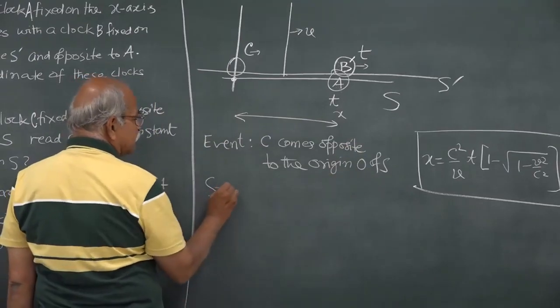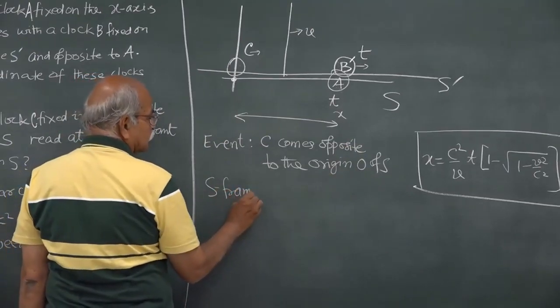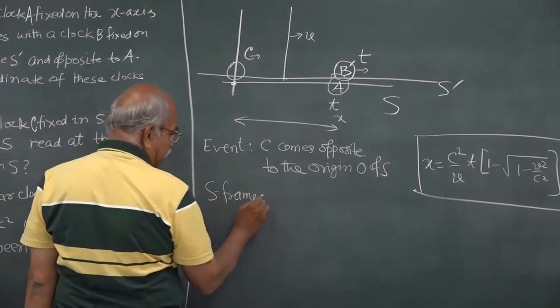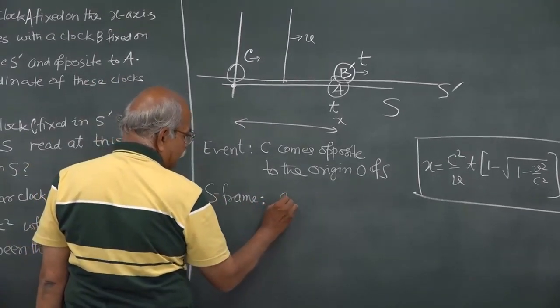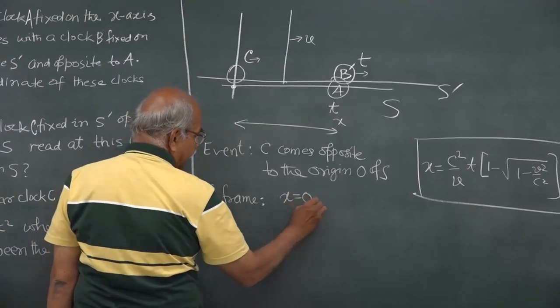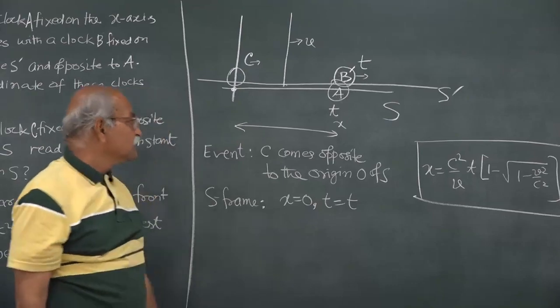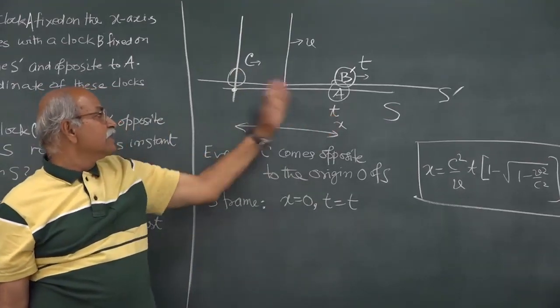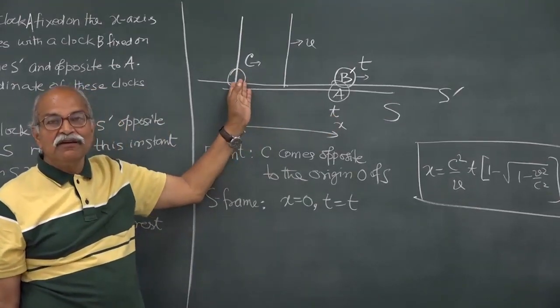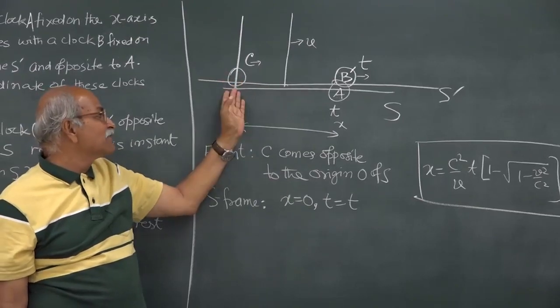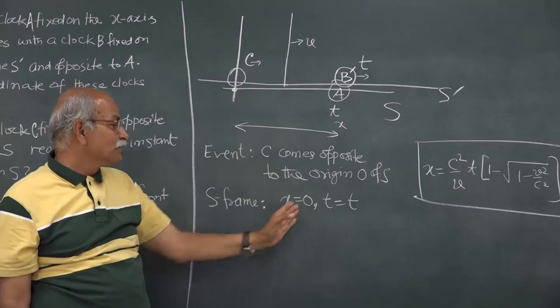Now, in S frame, where did this event happen? It happened at x equal to 0, at time t equal to t. At this instant t. So, the timing of this event is t, and the location of this event is x equal to 0.